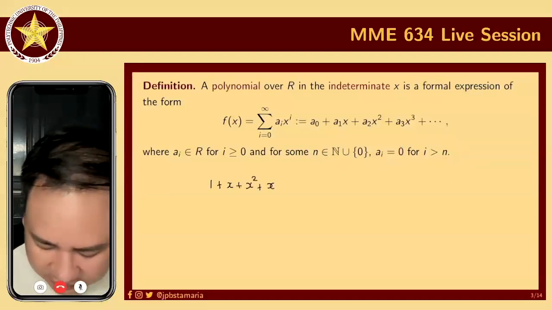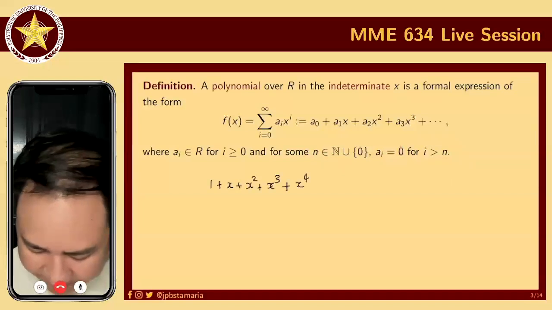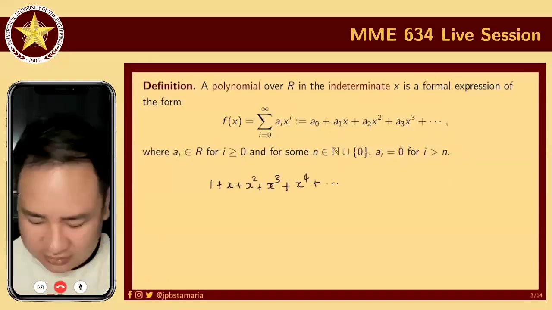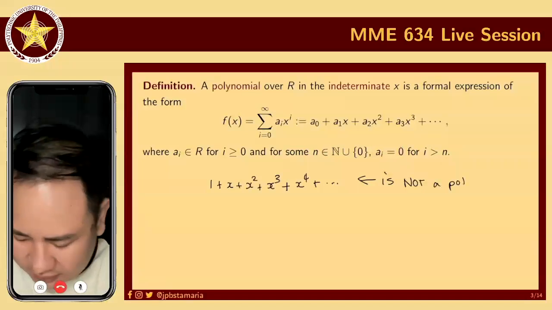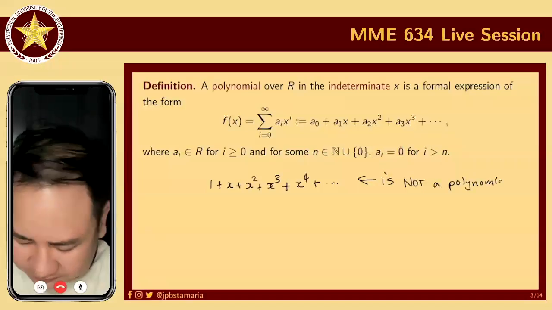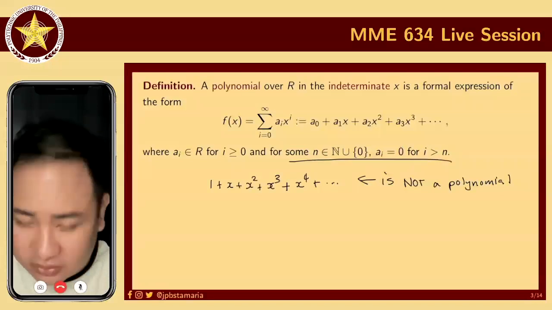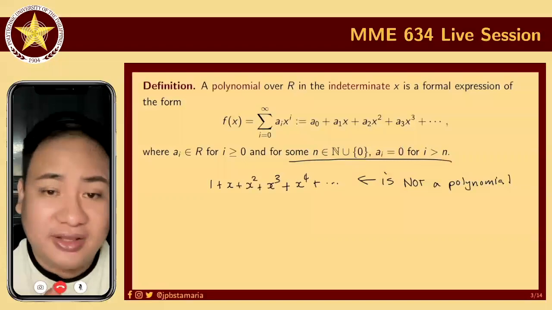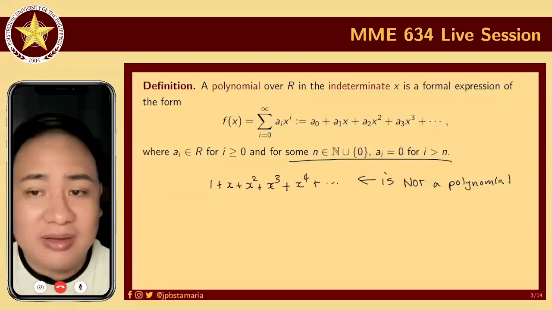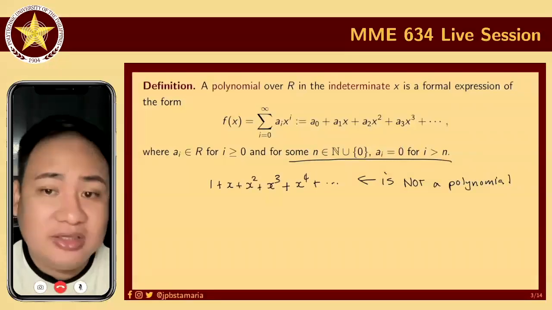We cannot call this a polynomial. This is not a polynomial. Why? Because that property does not hold. What we need is that after some time, or eventually, the coefficients must already all be 0.